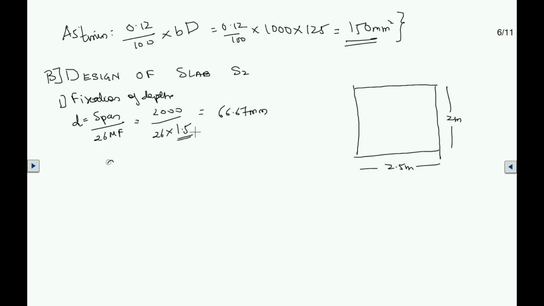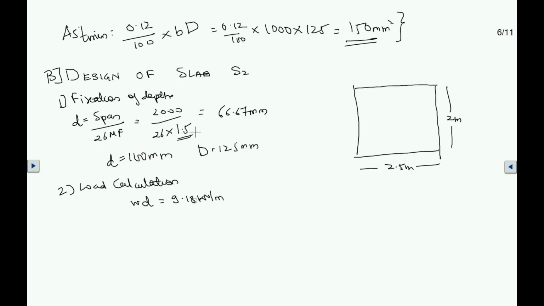So for safety purposes, I'll take D as 100 mm and the overall depth as 125 mm. Now the second step is load calculation, and as I told earlier, the load on all the slabs will be the same. So the design load, I'll take it as 9.18, which was the same for the previous slab also.